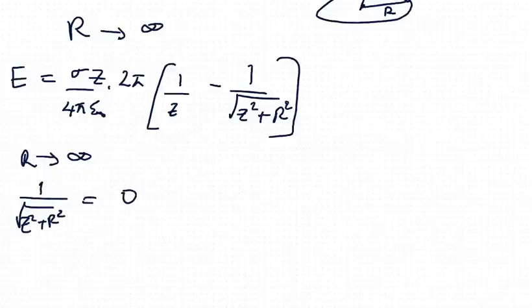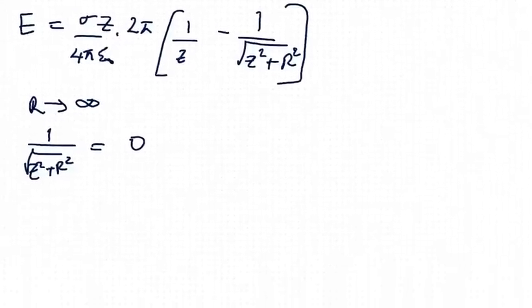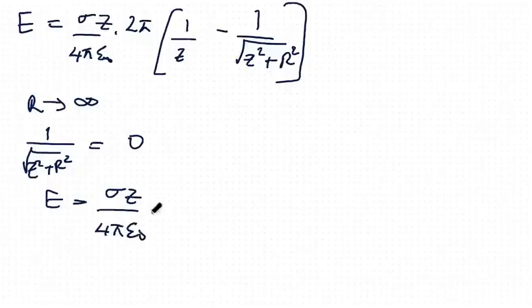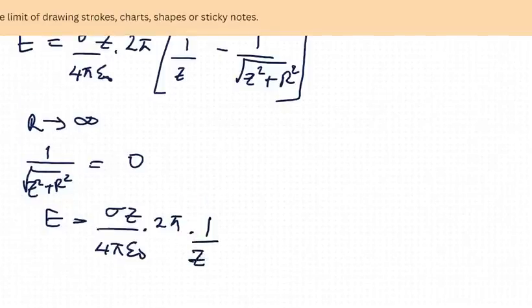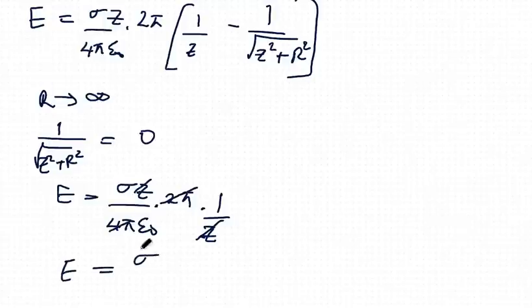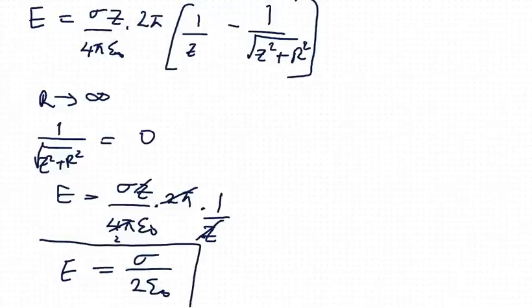So in this case, our electric field can be written as E equal to sigma Z divided by 4 pi epsilon naught, 2 pi, multiplied by 1 over Z. Some things can cancel: Z cancels Z, 2 pi cancels 2 pi, and we are left with E equal to sigma divided by 2 epsilon naught. So this is the electric field.